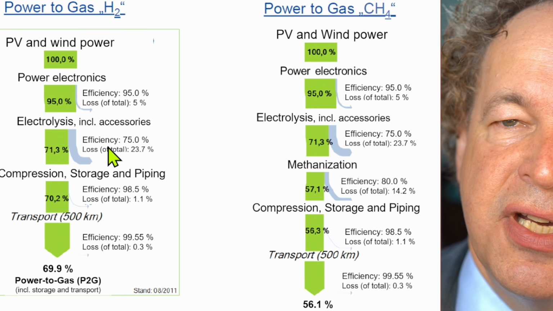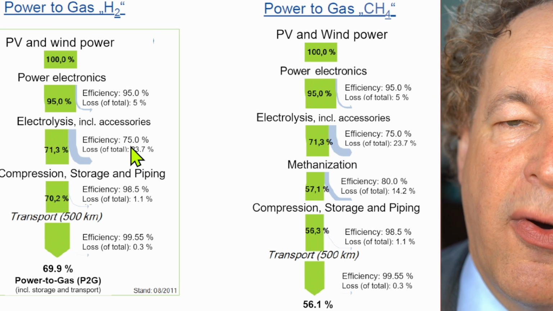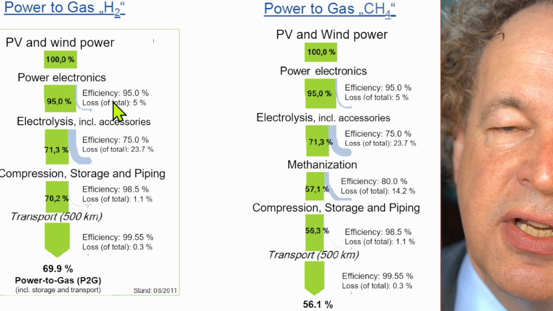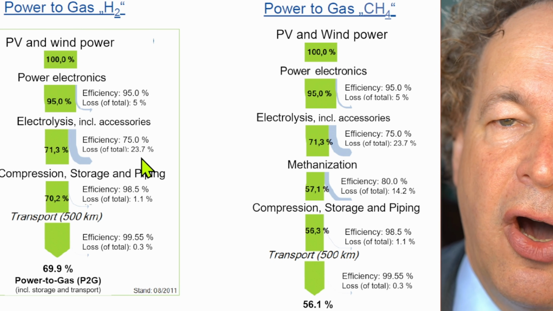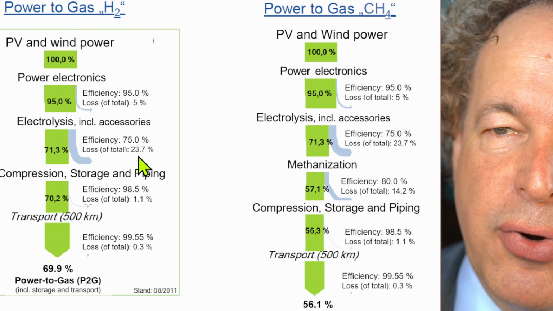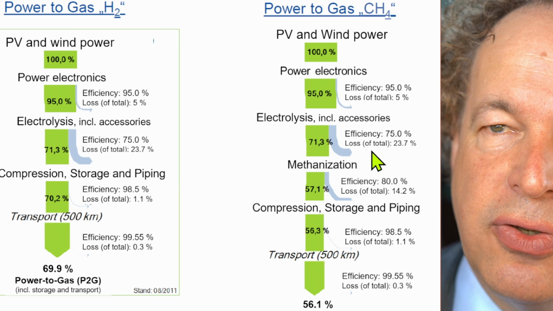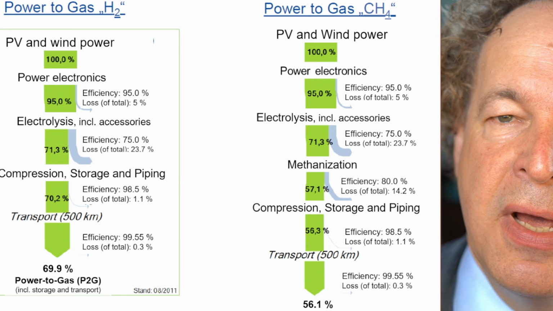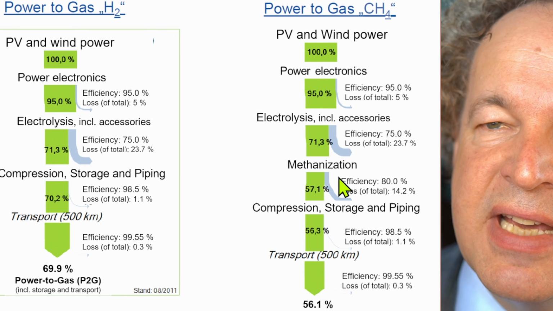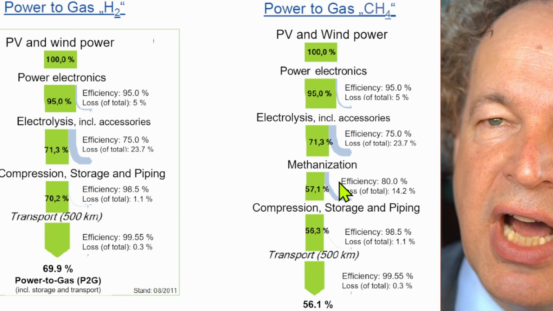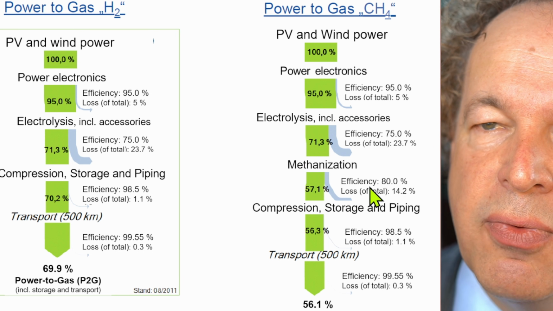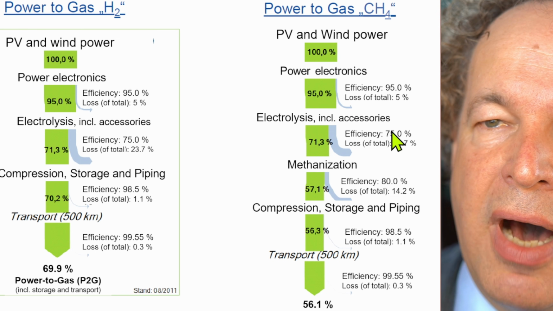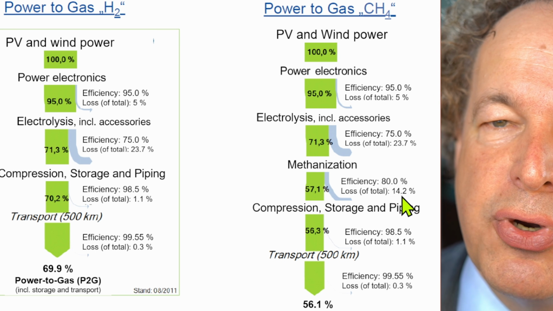There the efficiency is considerably lower than for power electronics, 75%. So we have a loss of initial energy of 23.7%. The same applies also for the power to gas or the methane production. Then we have a step, the methanization, which only occurs in the power to gas process. So we have here an efficiency of 80%, and we have a loss of the total power of 14.2%.